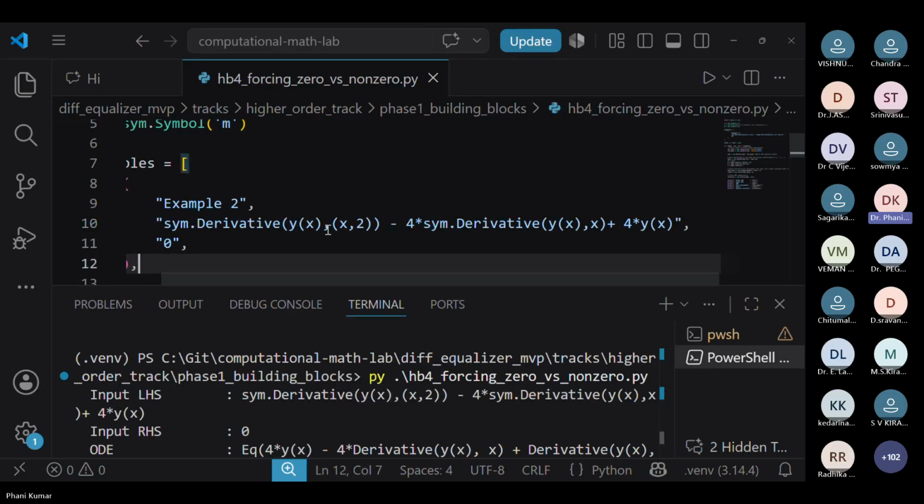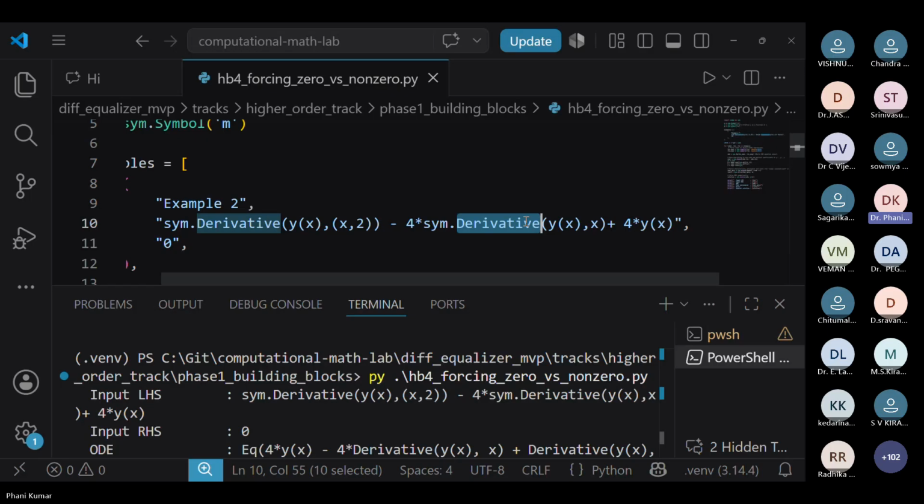Same like that, sim dot derivative. This is the second order derivative y of x comma 2, and 4 sim dot derivative again y of x comma x. This is the first derivative plus 4y of x. Right. So this is the second order differential equation.